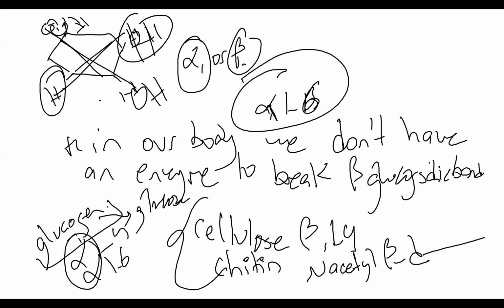So Sayed is asking something. Let me just make sure. Is amylose soluble in water? Also, does amylopectin have 1,4, 1,6, or only 1,6? About amylopectin, it has only 1,6, not 1,4.